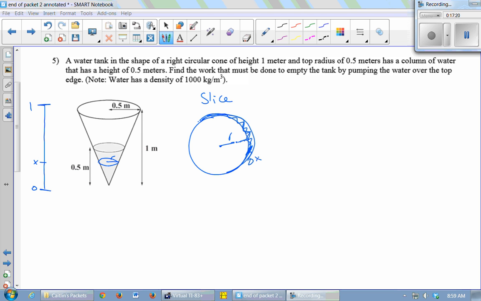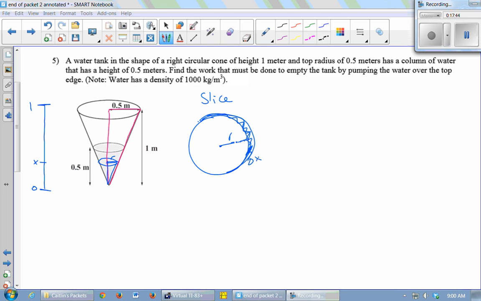How could I figure out that radius r? Similar triangles, yeah. Great. So I have this large pink triangle, and then I have this little blue triangle that are similar to each other.